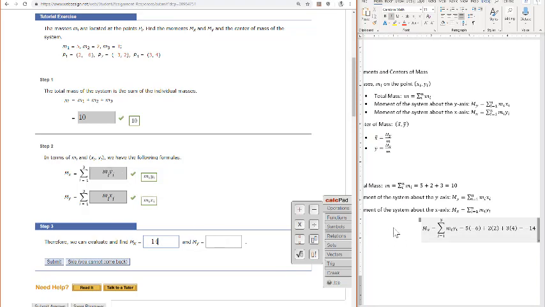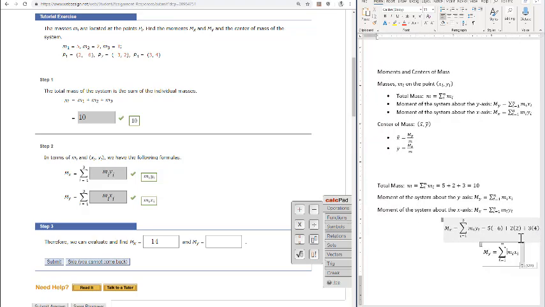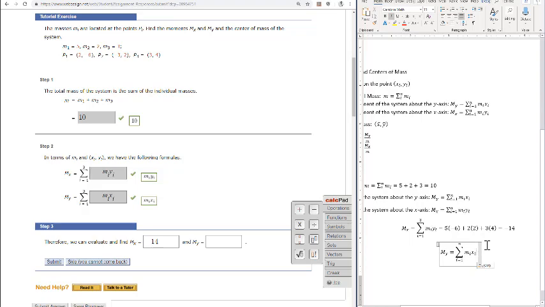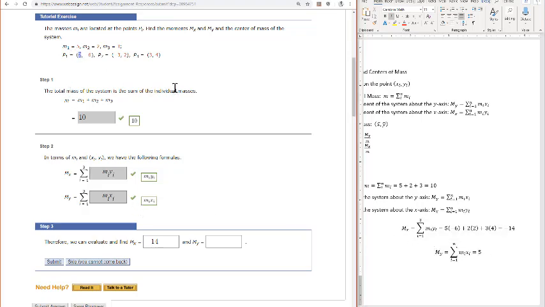And now the My should have x values. And so that's going to be the mass of 5 with the x value of 2, plus the mass of 2 with the x value of -3, plus the mass of 3 with the x value of +3.